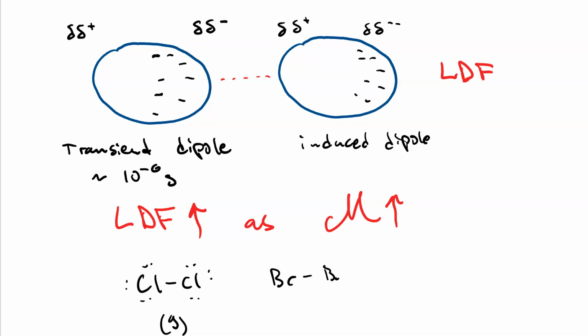Bromine is isoelectronic. It has an identical Lewis structure, but it's a liquid at room temperature. Why? Because bromine's bigger, and so its electron cloud is more polarizable. And then iodine is even bigger than bromine, even though it has an identical Lewis structure. So it is a solid at room temperature. And this is just an example of London dispersion force increasing as molar mass increases.